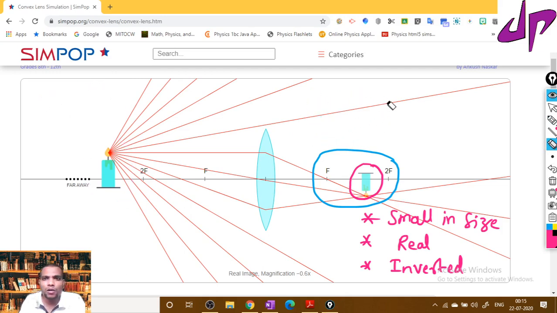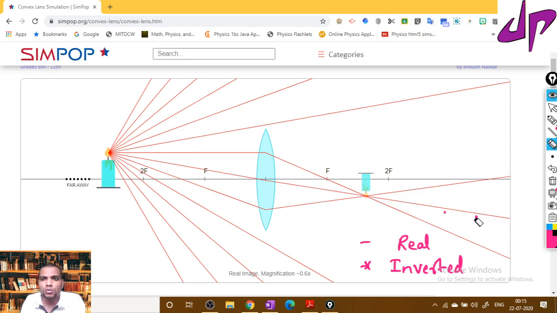Now we will bring the object close to the convex lens.